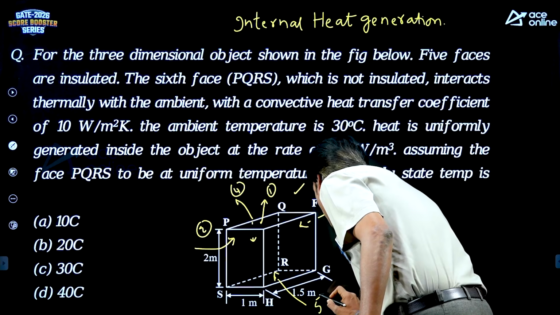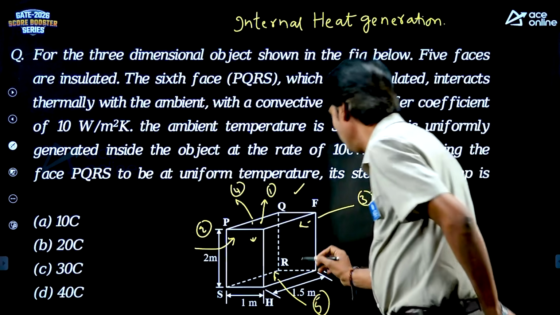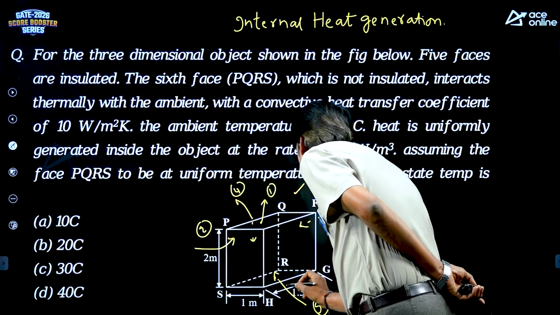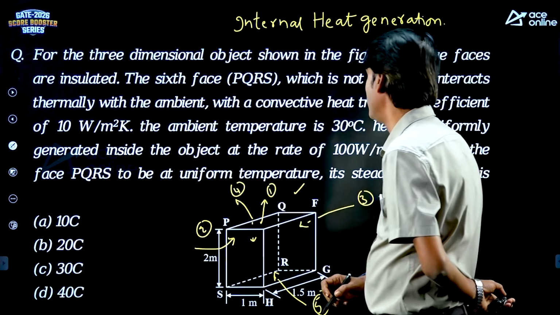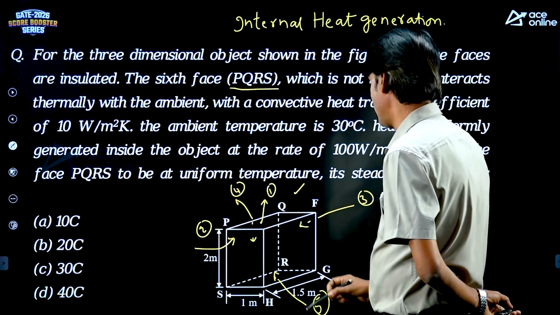These are the 5 surfaces which are insulated, and this particular surface is the uninsulated one, which is PQRS. It says the 6th face PQRS.